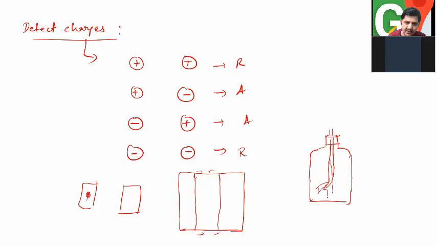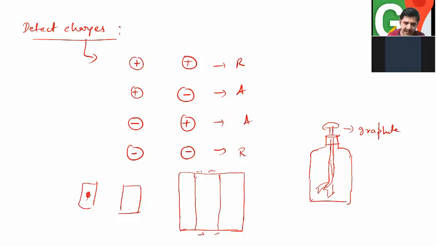Real gold leaves which are very thin, of the order of 1 milligram or so. And then at the top of the bottle, you have a small knob, which is made out of graphite.